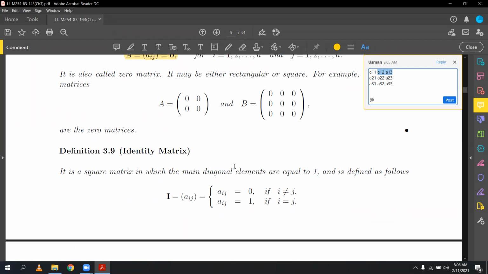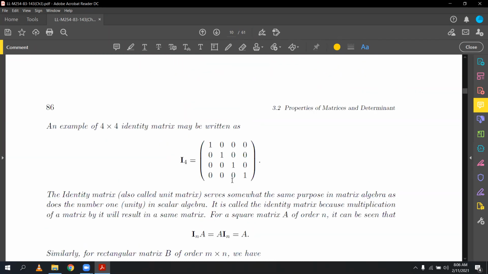Then we call that a special matrix, the unit matrix or identity matrix. Like this example, this is a 4 by 4 unit matrix. All the diagonal is 1, and up and down are 0.